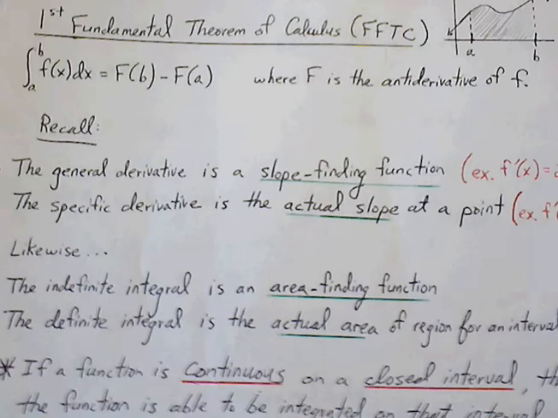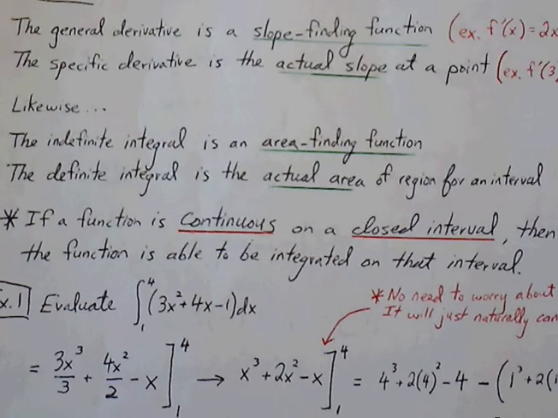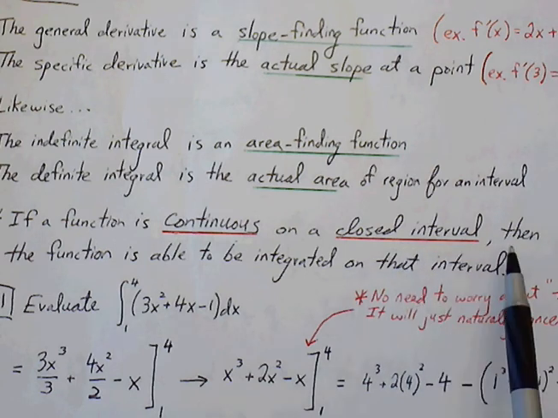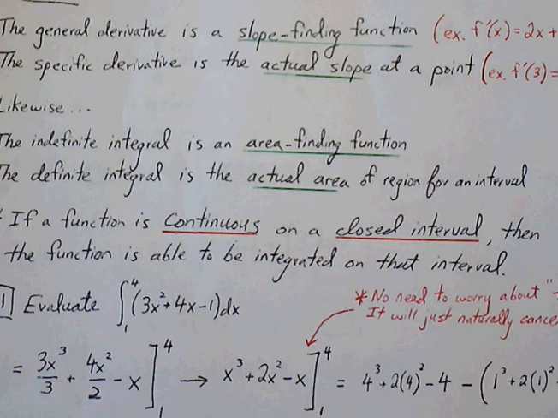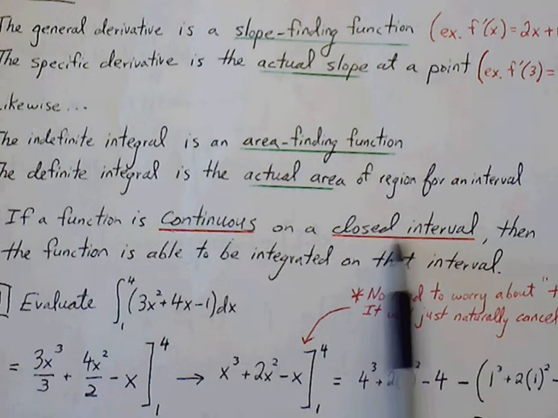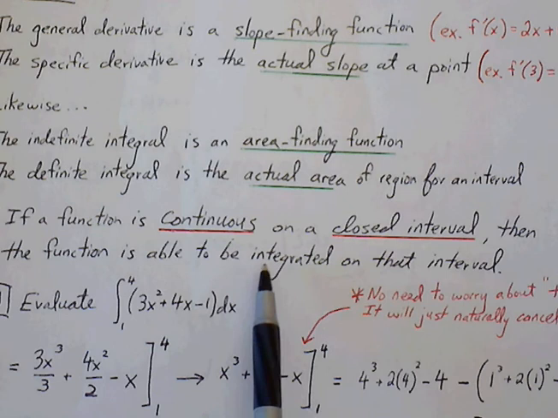All right. If a function is continuous on a closed interval, okay, no breaks in the graph, and the endpoints are defined, then the function is able to be integrated on that interval. Okay, so we're able to find the area of a region as long as it's continuous and it's on a closed interval. Notice that there's nothing here about the function having to be differentiable.